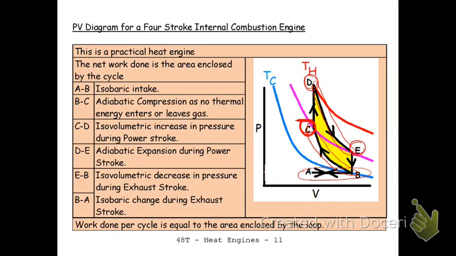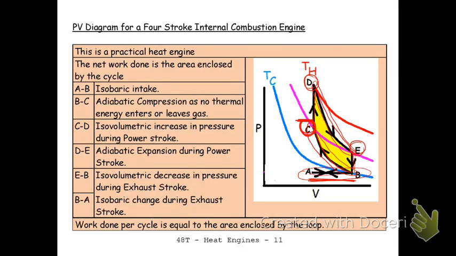And then I open up my exhaust valve. The pressure falls and I push the gas out. So, intake is A to B. Compression is B to C. Power is C to D to E. Exhaust is E to B to A. I'd like you to know that.